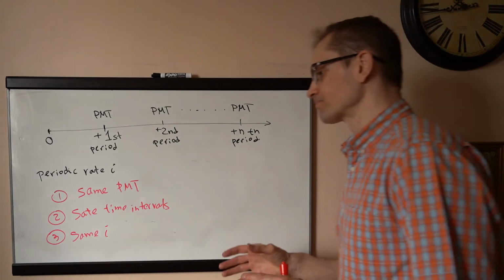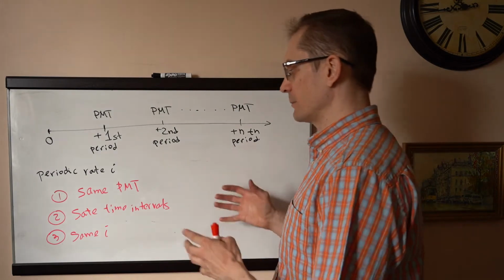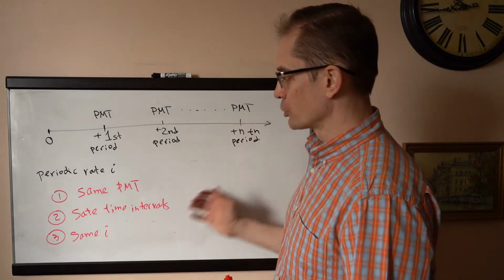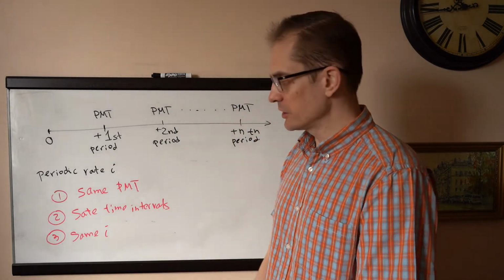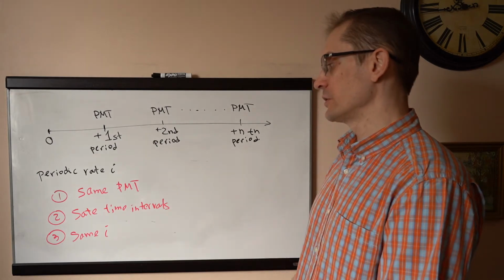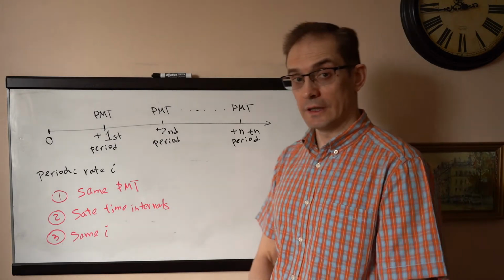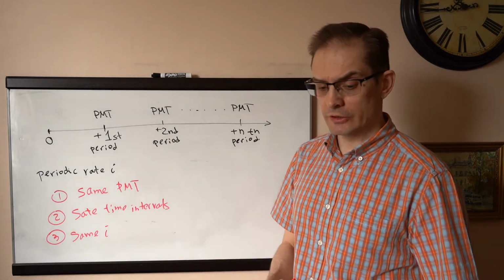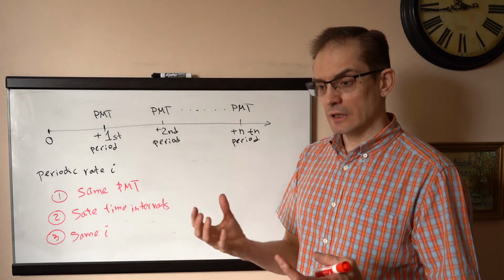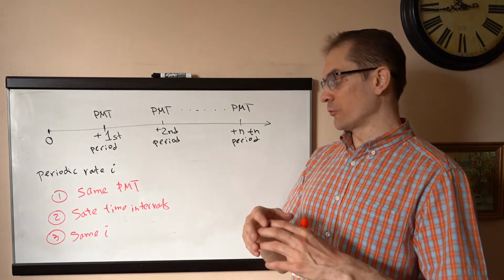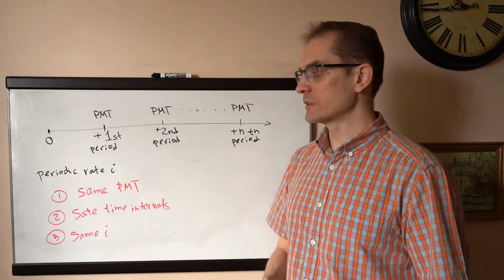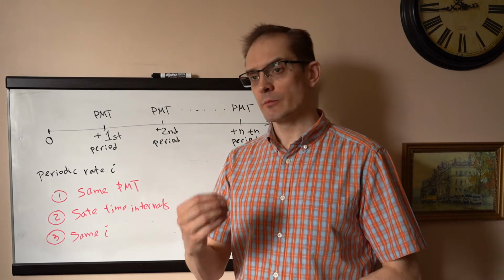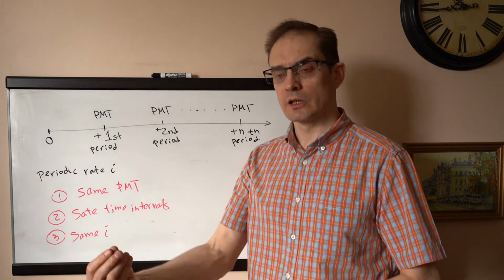Okay, so as you can imagine now, you should look for these three conditions to make sure that you have an annuity. Of course, outside of our course, we can speak about other annuities which could still be treated as annuities, where payment is not the same but growing based on some condition.